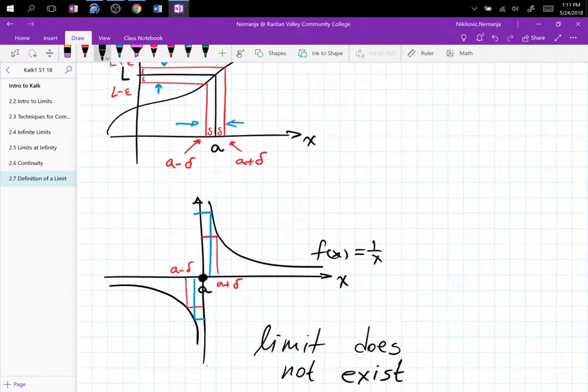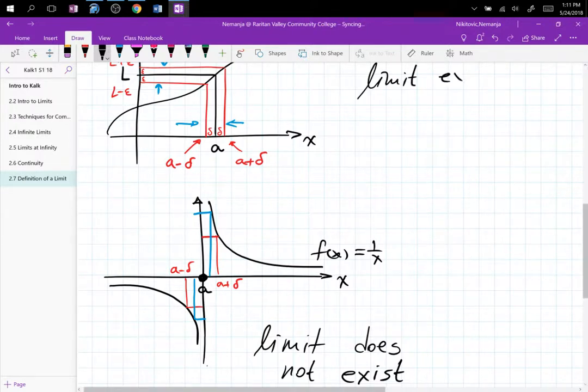Over here, limit exists. And it's equal to L. So remember, your epsilon has to be a very small number.